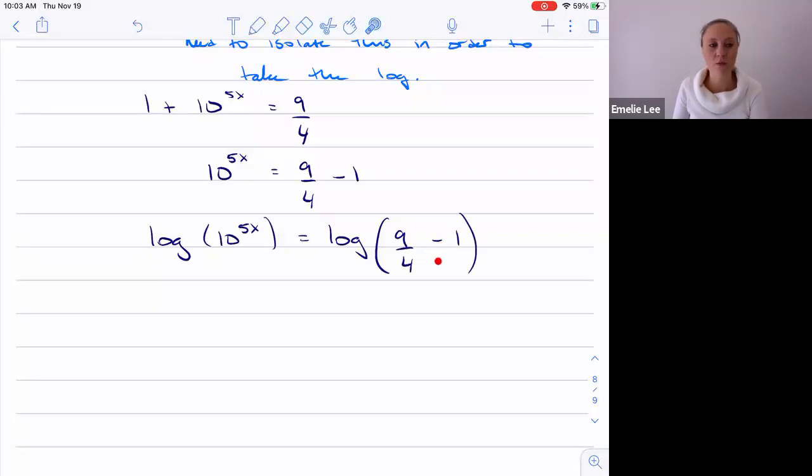You could put this over a common denominator, right? Subtracting fractions and just have one log in here. I'll probably just ignore it for a little bit longer.